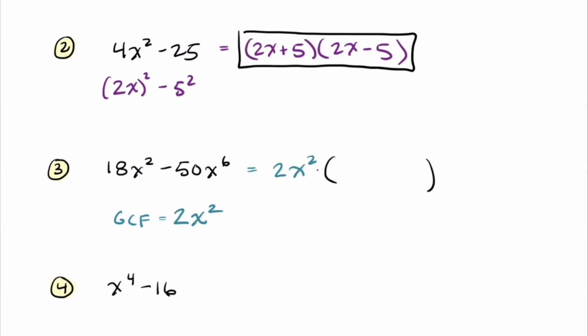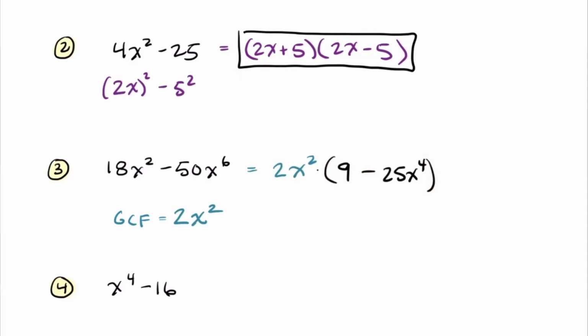Okay, so when I divide by 2x squared, to bring this back in and end up with 18x squared, I would need a 9. And then to end up with 50x to the 6th, if I bring this back in, I would need a 25x to the 4th. All right, now what I have left over here is a difference of two terms, and 9 and 25 are perfect squares.